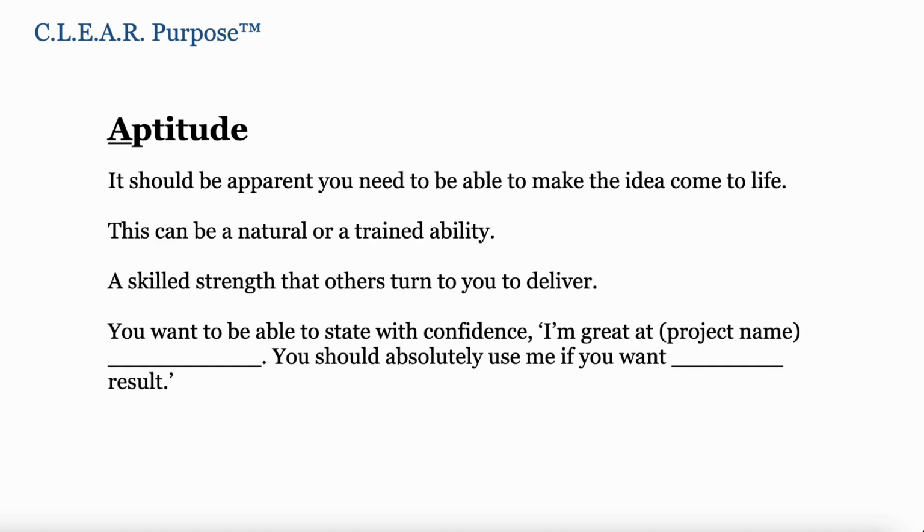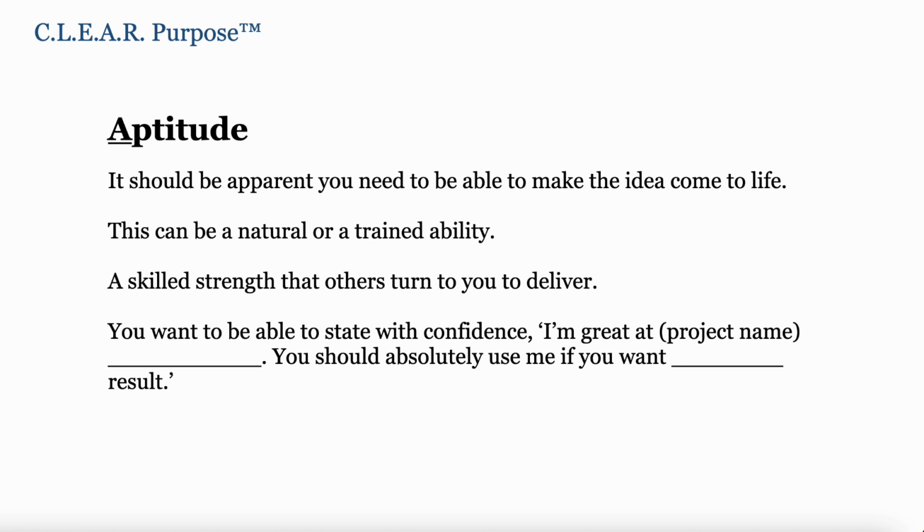Aptitude. It should be apparent that you need to be able to make this idea come to life. We're not talking about these singing competitions where somebody shows up and their friends or their family were pranking them, told them that they could sing and they can't. Well, we need to have actual evidence that we're skilled in this. It could be a natural ability, trained ability.